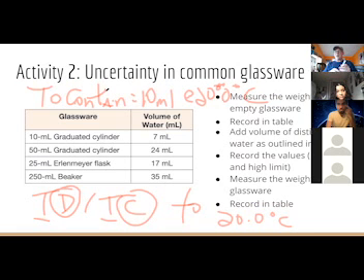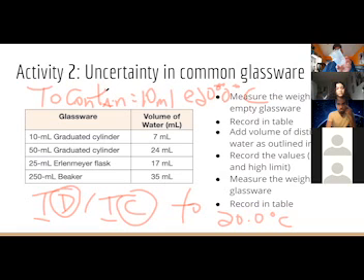So that's why we don't use this to measure the 35 mils and then deliver it to the beaker, because that is going to be pretty darn accurate, since we're using the 50 mil graduated cylinder to contain and then to deliver 35 mils. What we actually want to figure out is what happens if we use the beaker to contain.